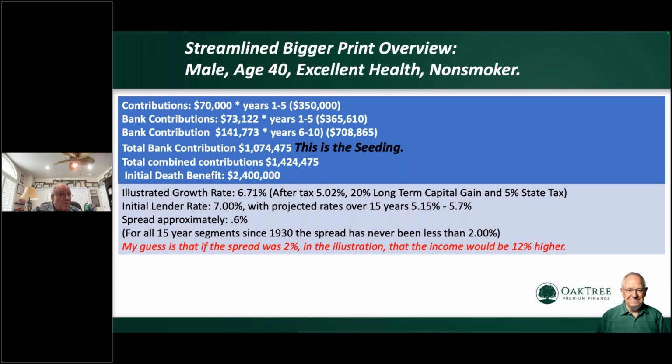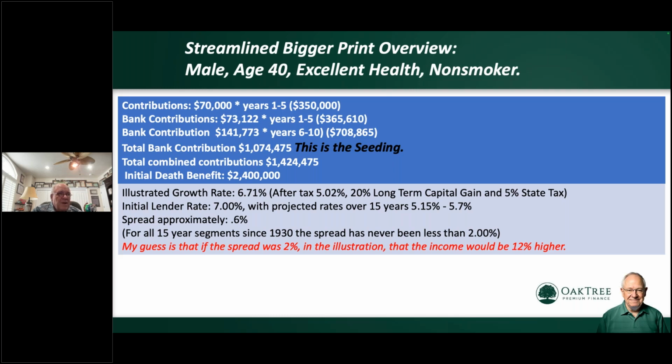All illustrations have some growth rate that they use, and the one we're using on this one, and on all the ones that I'm pulling up today, is 6.71. That's not a bad rate to project at. We've averaged higher than that the last 10 years, but we don't want to go too high. We're also going to show you a comparative return.